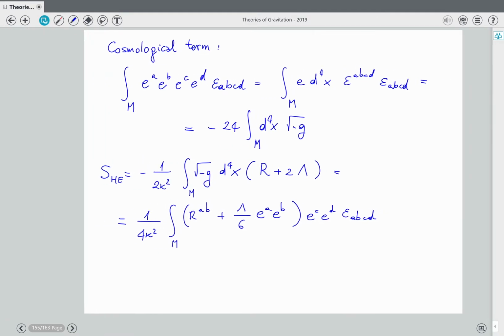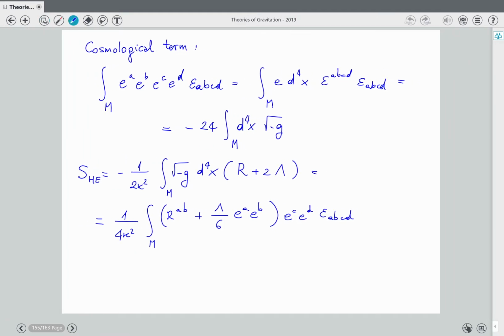So this is the action here. It contains the cosmological term, the Hilbert term, and then you can add terms that are built with more powers of the Riemann tensor, quadratic, cubic, or built with covariant derivatives of the Riemann tensor.